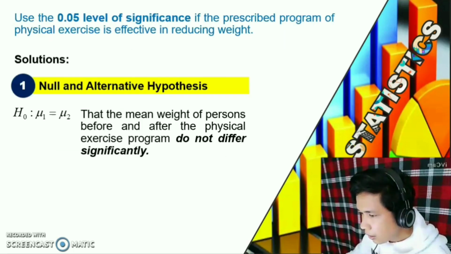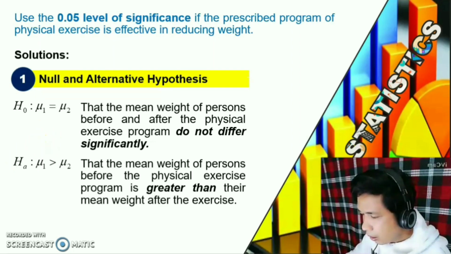Setting the hypothesis, our null hypothesis states mu sub 1 is equal to mu sub 2, that the mean weight of persons before and after the physical exercise program do not differ significantly. And our alternative hypothesis, mu sub 1 greater than mu sub 2, states that the mean weight of persons before the physical exercise program is greater than their mean weight after the exercise.